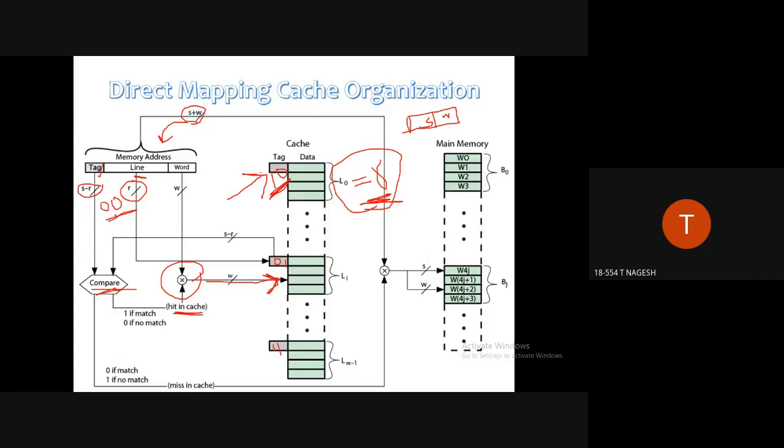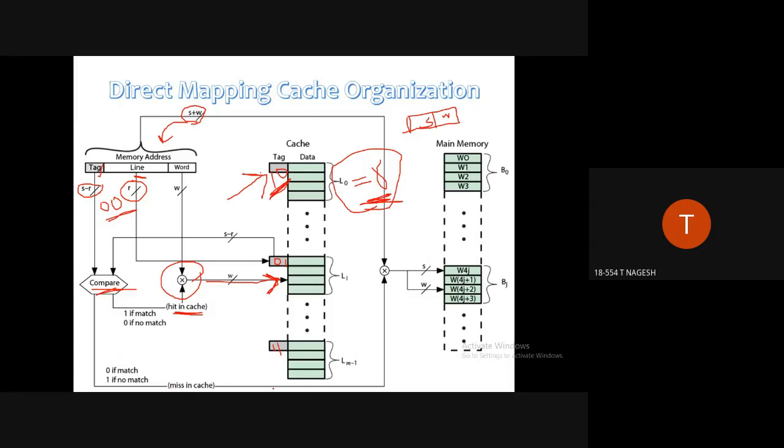Whereas in the example I'm explaining now, the tag value is 00, and the tag value for this line equal to r is 10. That means the tag values are not the same. That means the block residing here is different from the block we want. That means this is a cache miss.